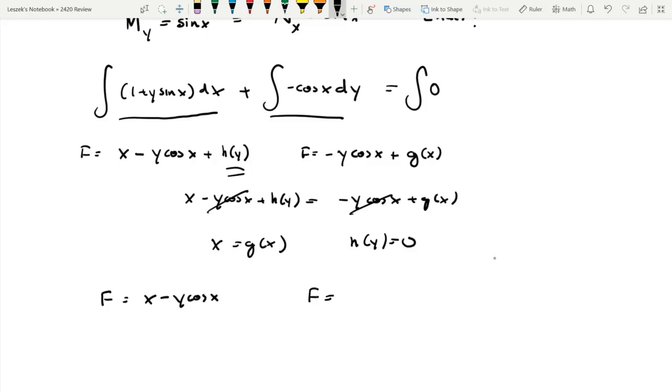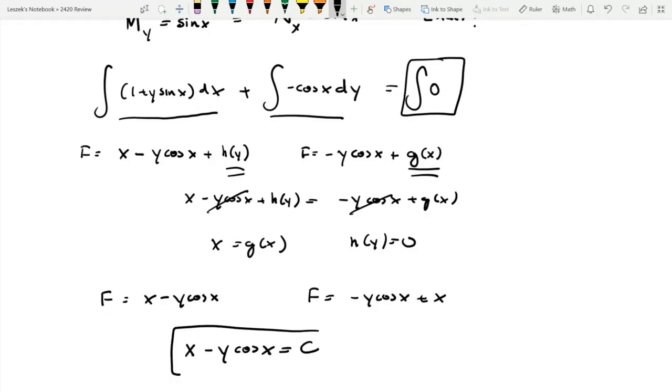On the other hand, you can say f is minus y cosine x plus g of x, which is x. In the other case, you get the same f. And so now we can just say that our solution should look like f equals a constant, right? If you'd like, if you anti-differentiate 0, you get a constant, C. So this is our solution curve, or family of solution curves.